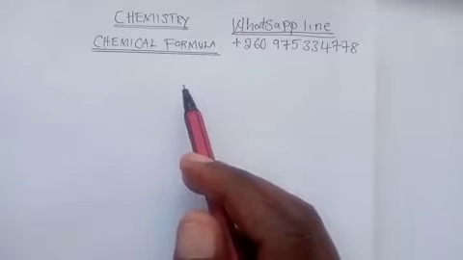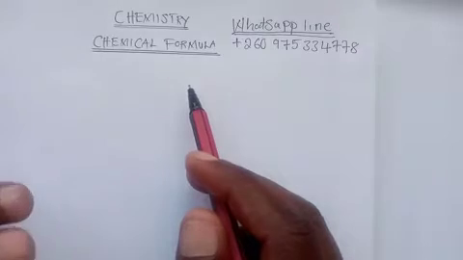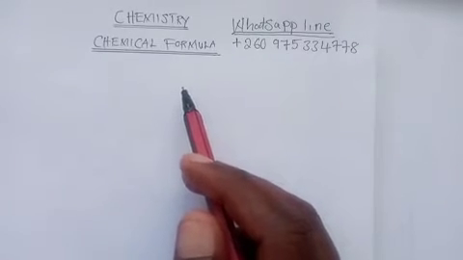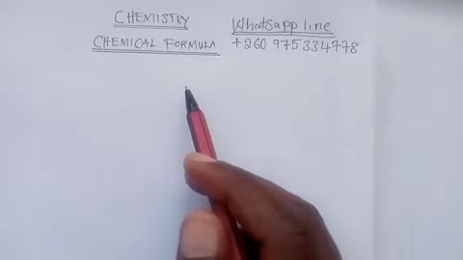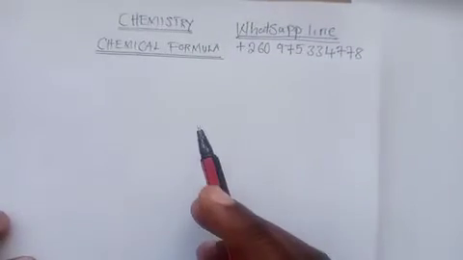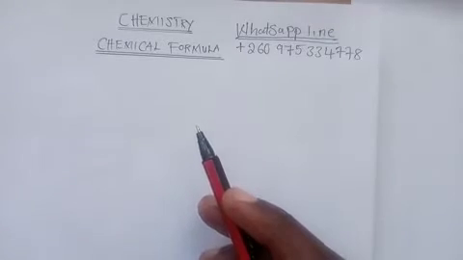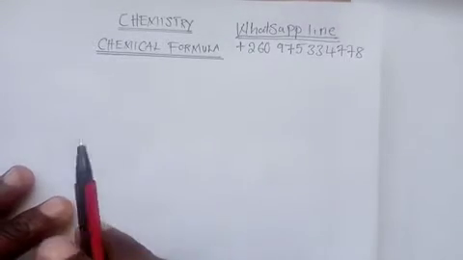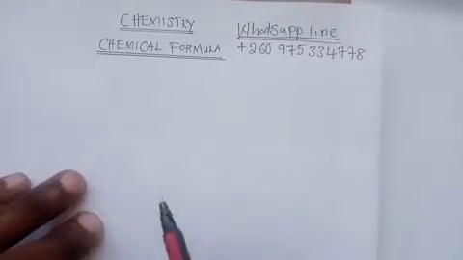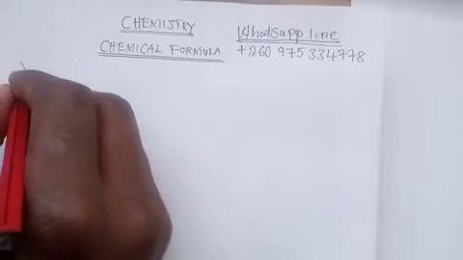A valence number is the number of electrons lost or gained or shared by an atom of element to attain a stable structure.